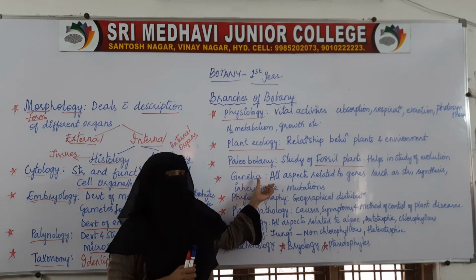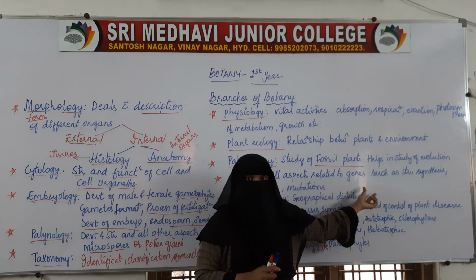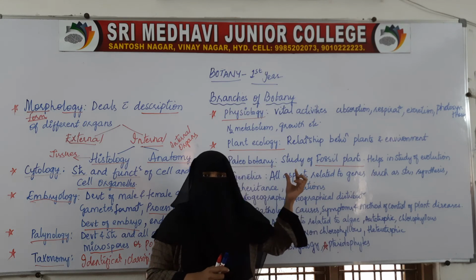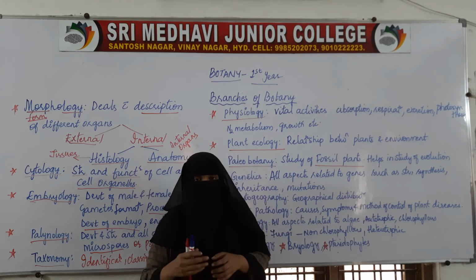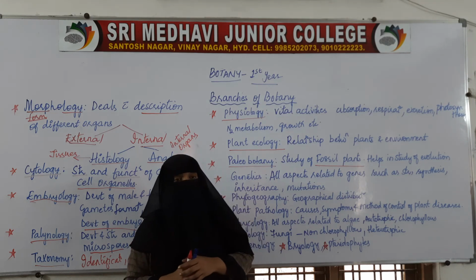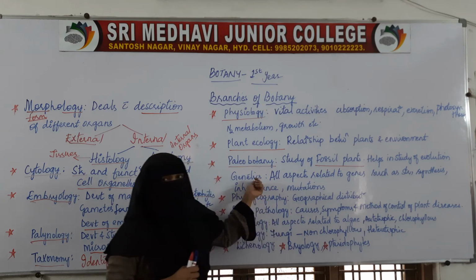All the different aspects of genes, how genes help in giving the structure to the plant and in inheriting certain characters in the next generation. So, the study of genes is called what?